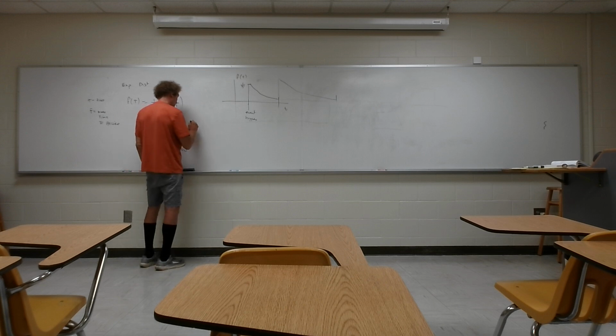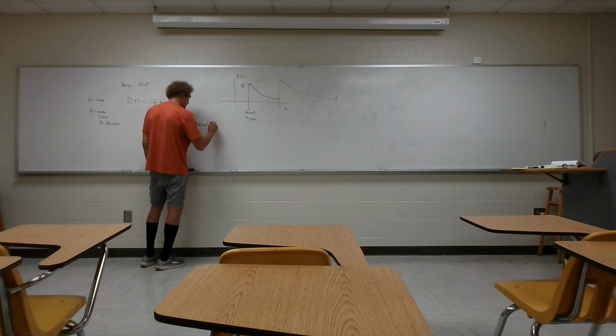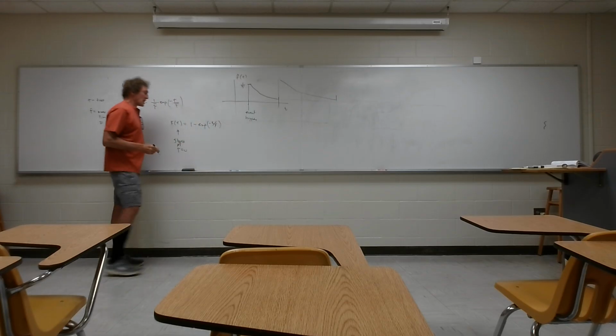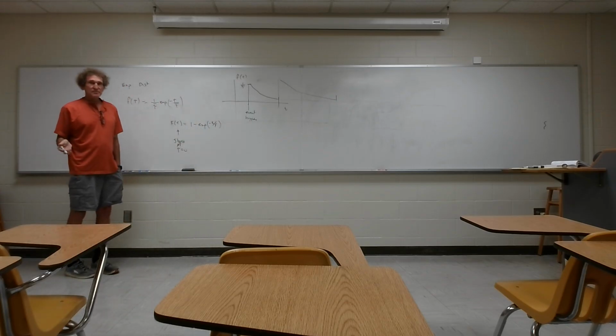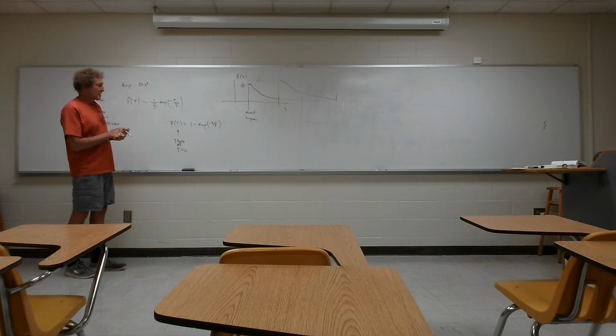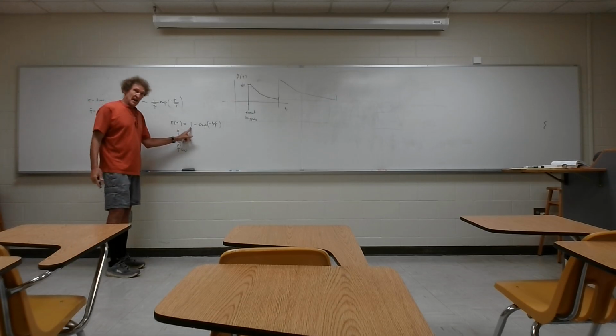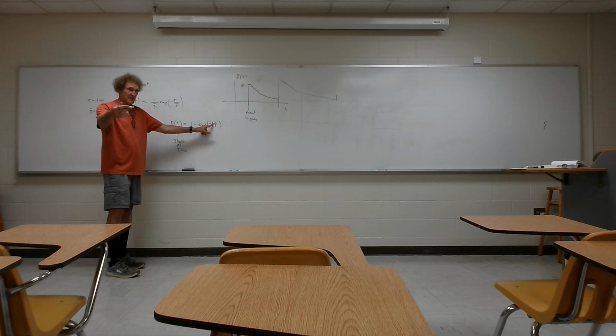Here, it's going to be 1 minus exp to the minus t over tau bar. Now, it's not saying anything phenomenally interesting, but it's saying this is the probability of the event occurring from the last event to the point t, which is measured beyond the time the last event happened.